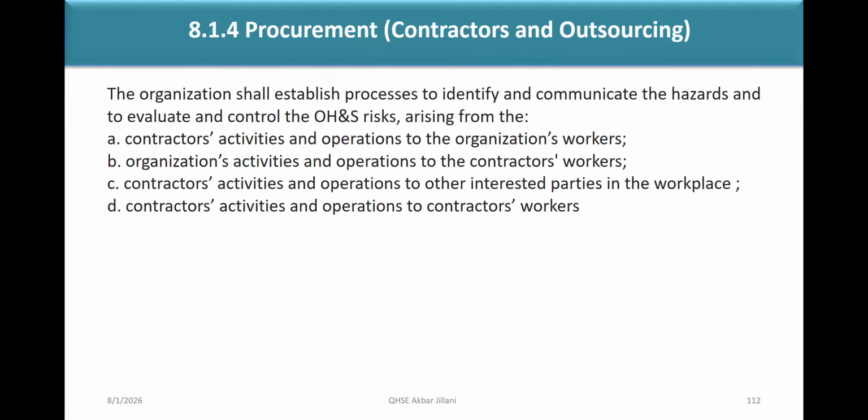Contractor employees also have risk from our activities, and we also have risk from their activities. So there will be communication and coordination with the contractors, their representatives and their workers.